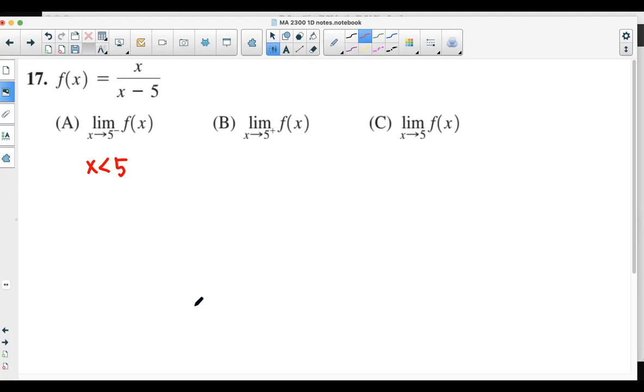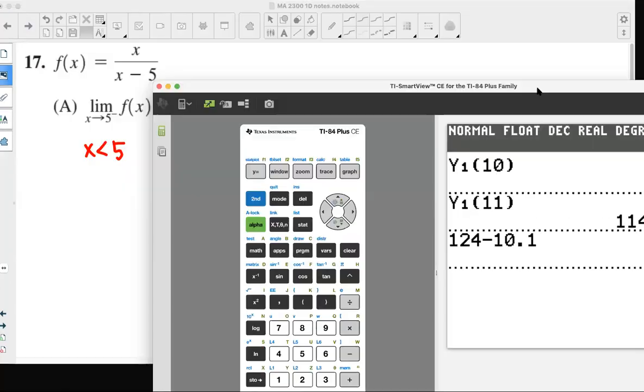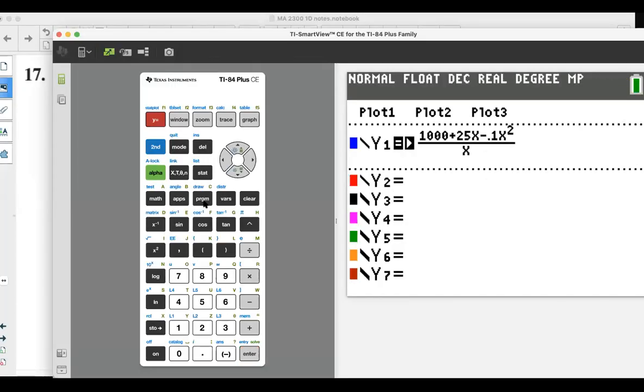So what I can do is put this function into my calculator: x over x minus 5. I need to put parentheses, because I have a binomial, more than one term, in the denominator.